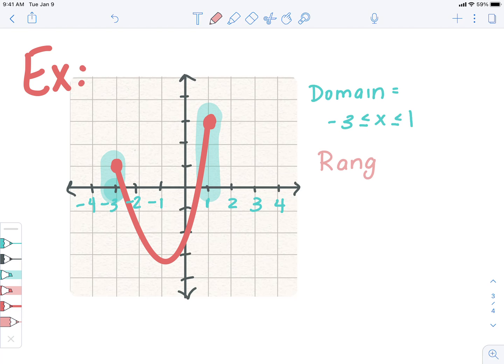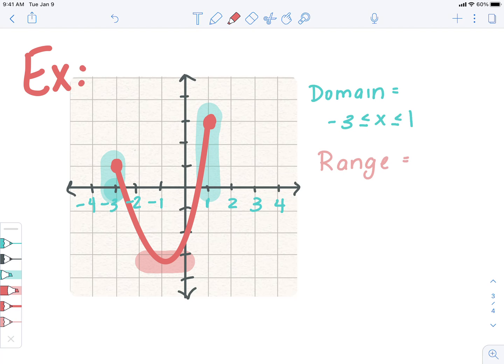My range for this one is a little bit trickier because I'm not just looking at my endpoints. I want my lowest y value to my highest y value. So when I'm looking at this, the lowest my graph ever goes is right here. That's as low as it goes.